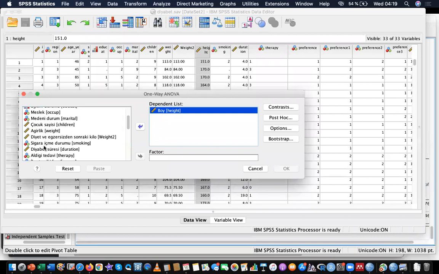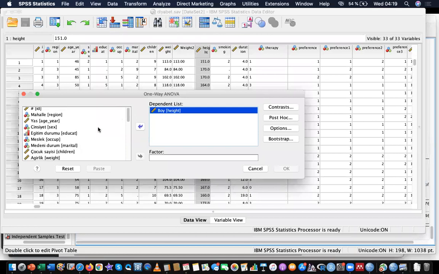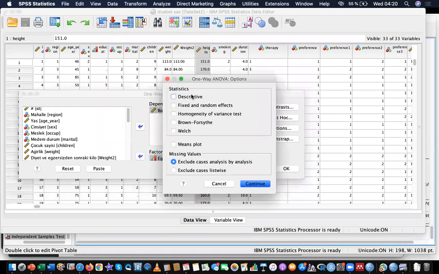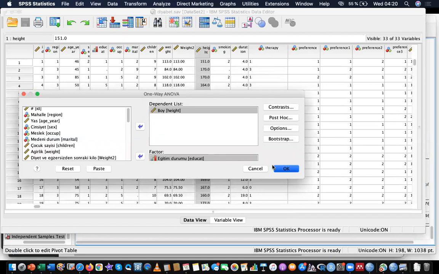Where is education? Here's education. I want to see the mean difference in the height between the educational categories. Let us select here the descriptives and homogeneity of variances. Okay.